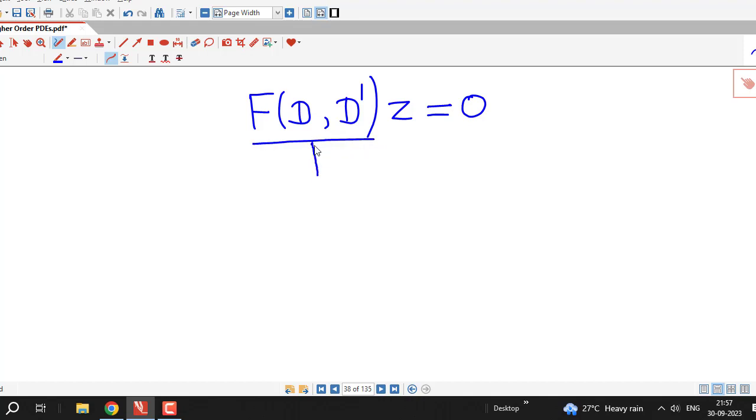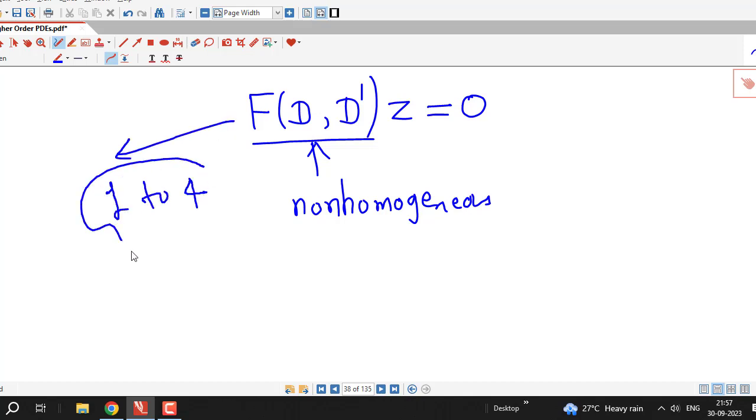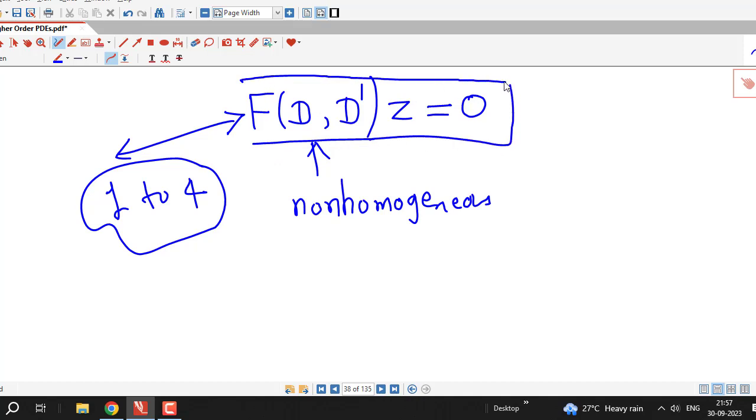Again we repeat that we are discussing linear partial differential equations with constant coefficients in which F(D, D') is non-homogeneous. We have discussed the case of homogeneous F(D, D') in lecture number 1 to 4. In lecture number 1 to 4 we have shown that if F(D, D') is homogeneous, then how to solve this partial differential equation.